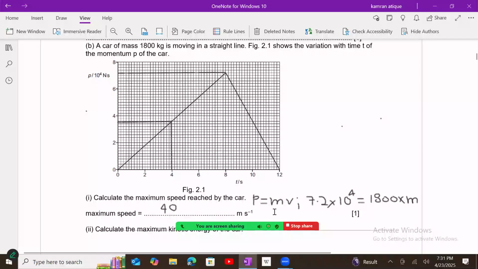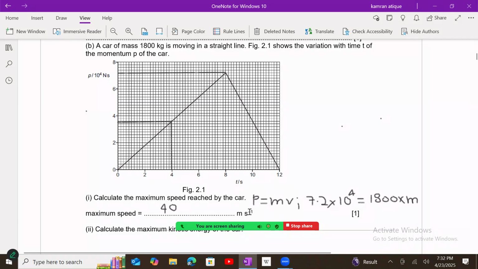It remained constant, so it is not playing any role in the maximum or minimum value of momentum because it is fixed. At that point, the maximum speed is playing its role in giving us the maximum value of momentum.